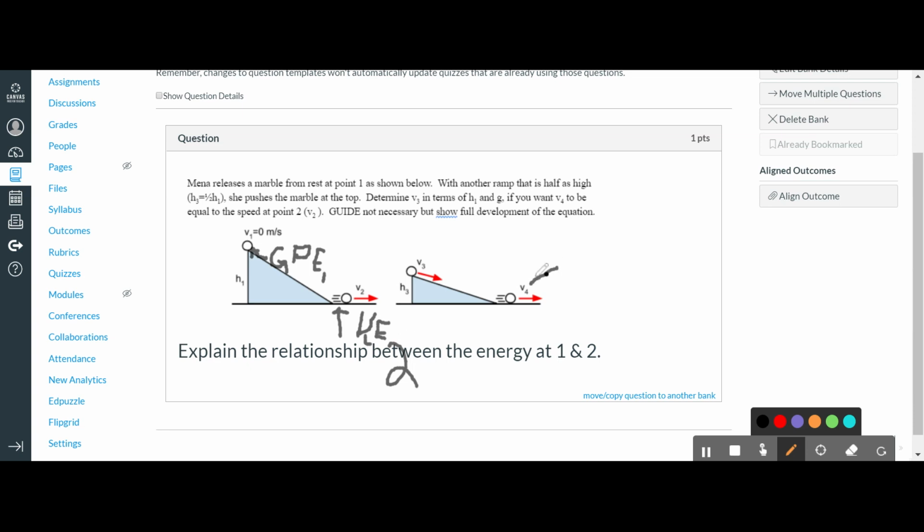Here, is there gravitational potential energy? No, right? We're on the ground, but there is kinetic energy here. And we're going to call this, which one? Is this just KE? Or is this KE4? Because this is velocity 4.